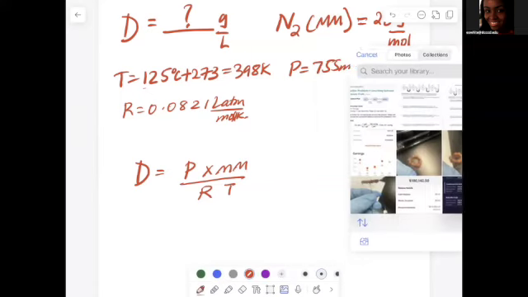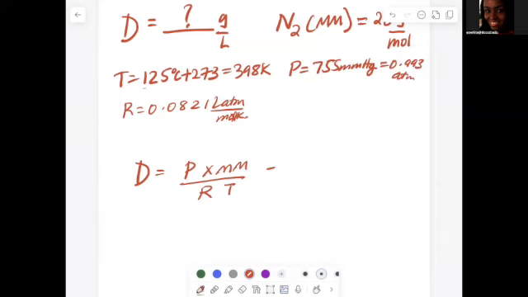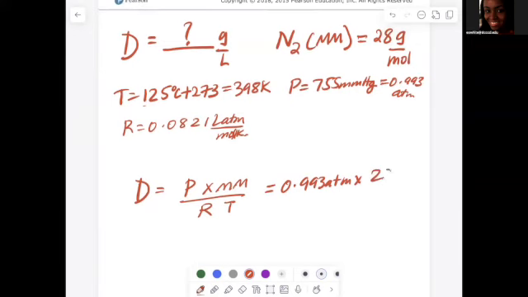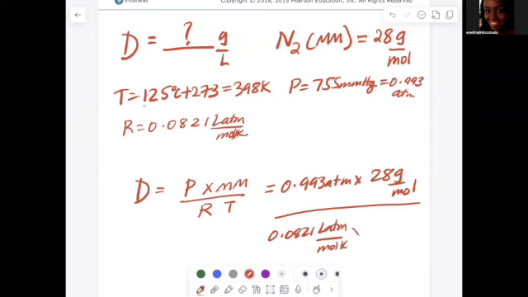Let me write on this side. 0.993 ATM times 28 grams per mole divided by 0.0821 liters times atmospheres over mole K times 398 K.